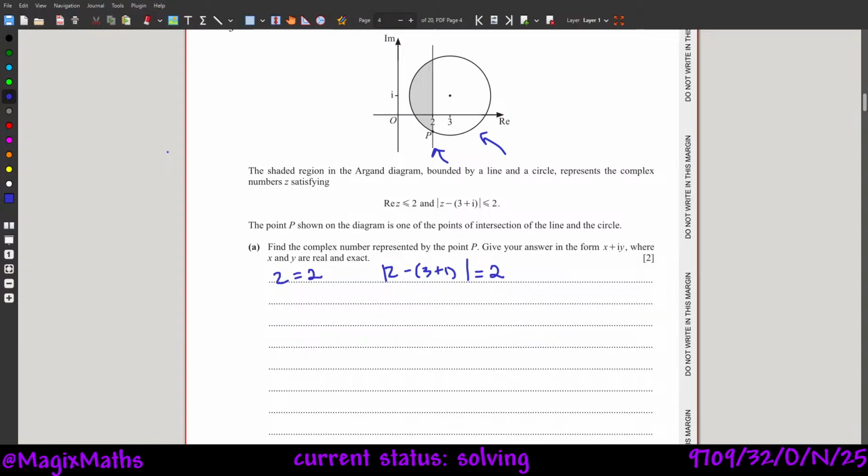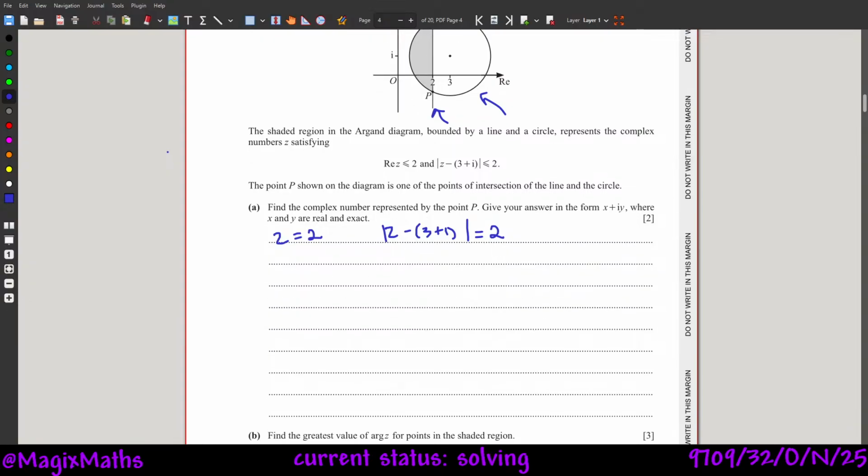We want to find the intersection, so this is equal to this. Since the first equals 2 and the next equation also equals 2, we have |z| equals |z minus 3 plus i|. Almost put it as 1.